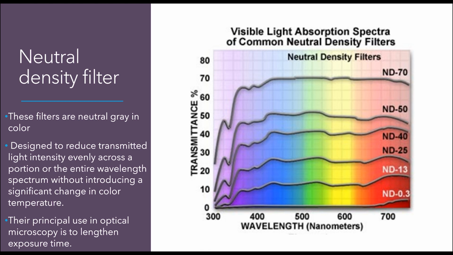So in our instrument we have an ND10 neutral density filter, and here if we have ND70, the meaning is like if 100% of light is falling on the sample, then only 70% of light will fall on the sample and 30% of light will be blocked by this filter, so that the sample can be kept for a very long time.